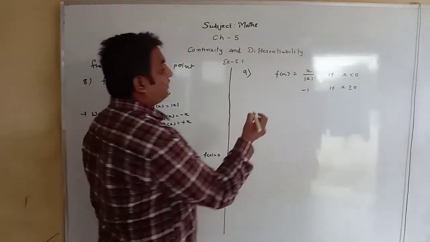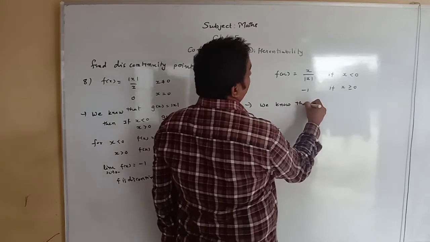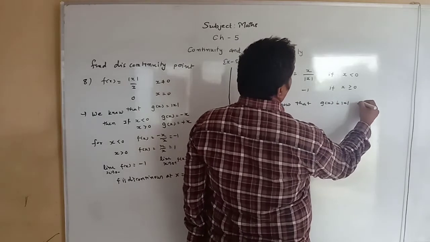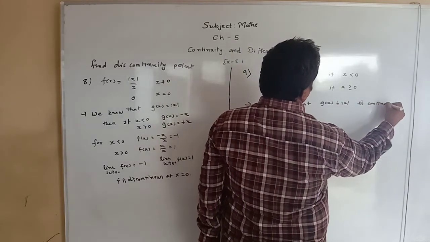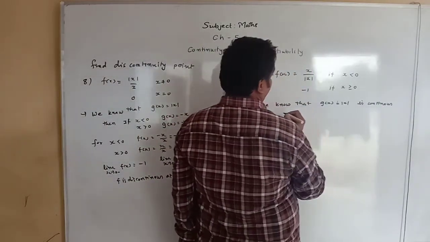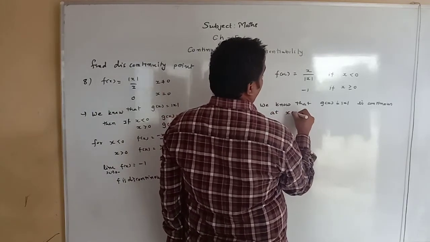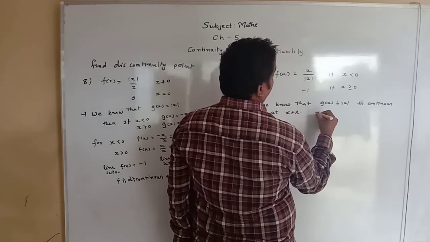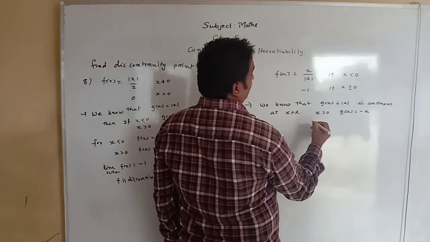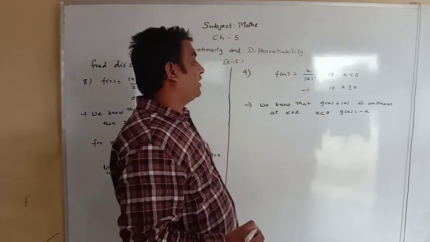Now again here, the same condition we apply. We know that g(x) = |x| is continuous if x belongs to R, and for x greater than 0, g(x) = -x. Here for x greater than 0, it is already defined, so we don't need to define it again.